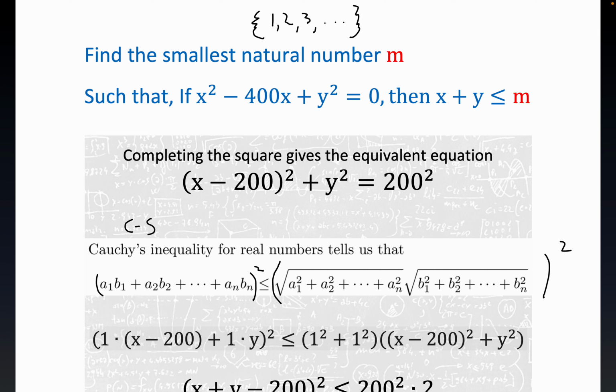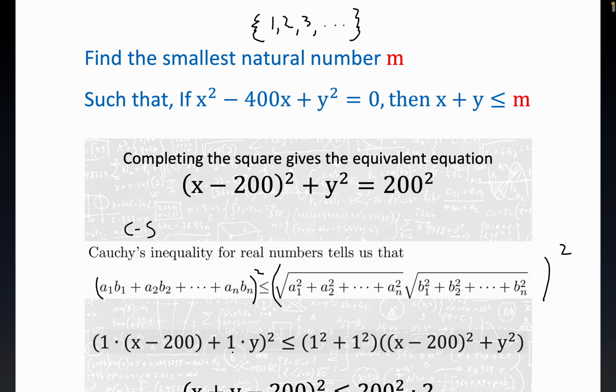You put the 1, which appears superfluous, but it's really the a sub 1. Then x minus 200 is b sub 1. See, it says these are real numbers, but you can also accept real valued functions. So once you see that, it's easy to use this. A real number can be represented by a real valued expression, right? So everything's cool.